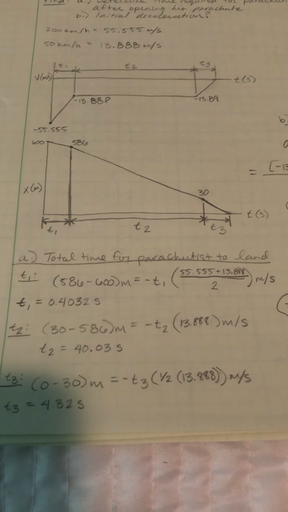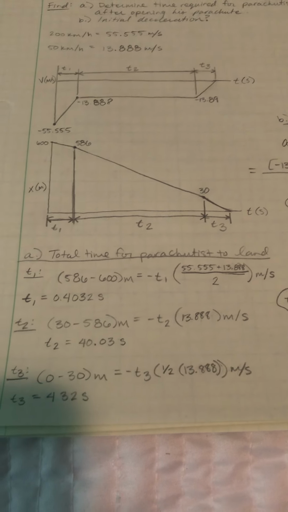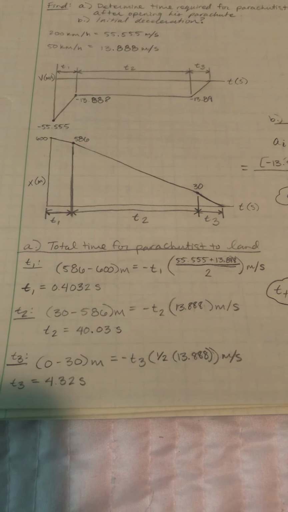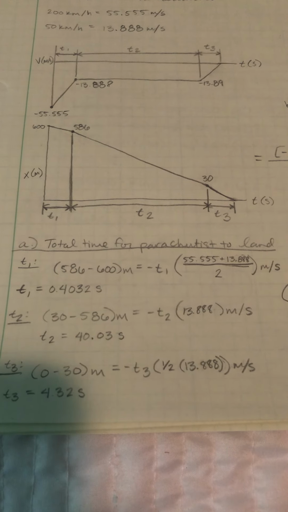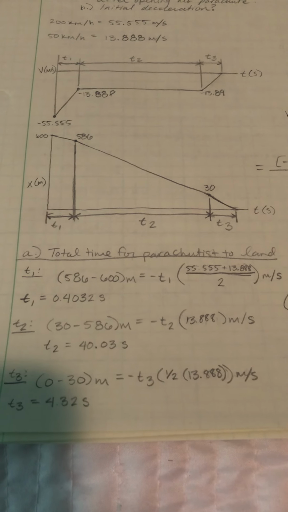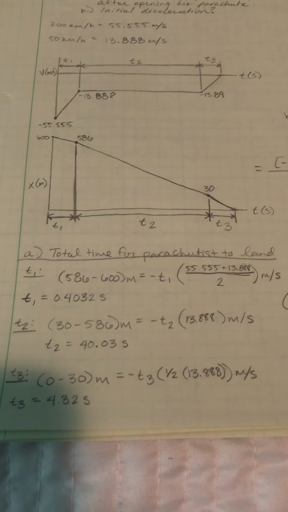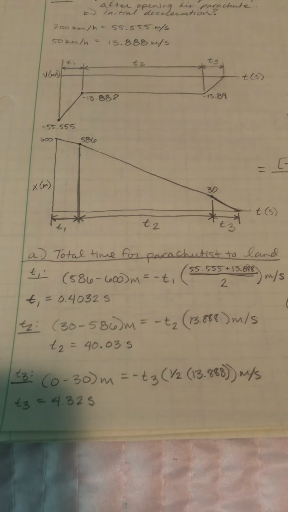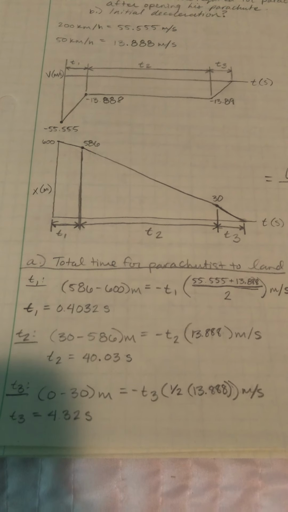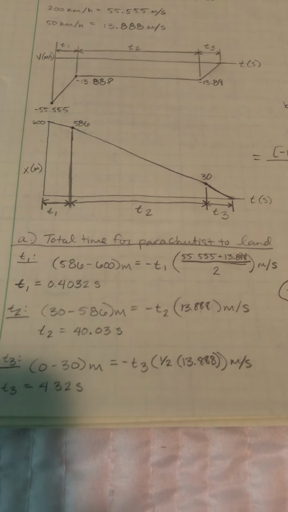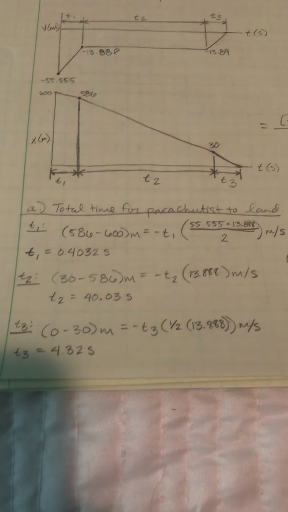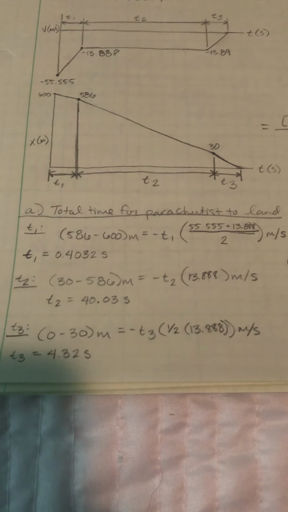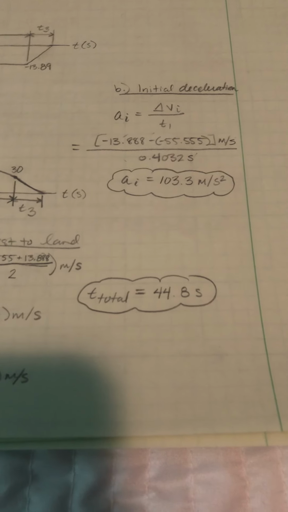Following a similar pattern for t2, using the graph from 586 meters to 30 meters, we are able to find that t2 is equal to 40.03 seconds, as it is a constant drop. And then for t3, using a similar equation, we find that t3 is equal to 4.32 seconds. Thus, adding those up, our total time is equal to 44.8 seconds.